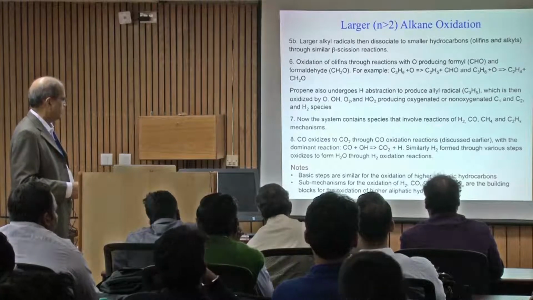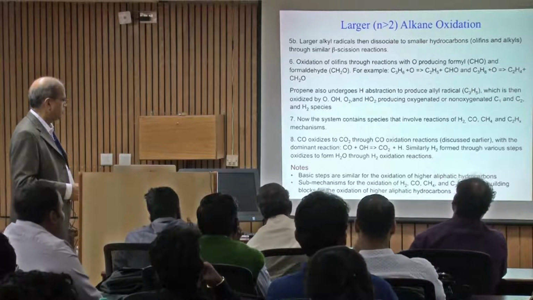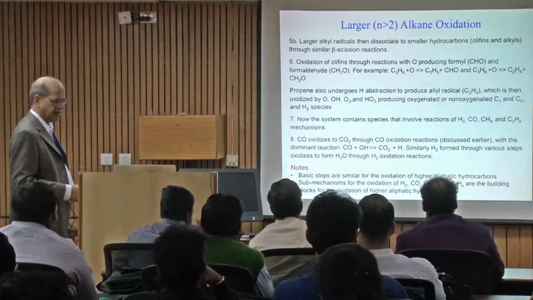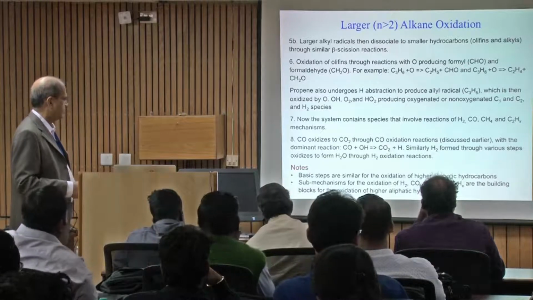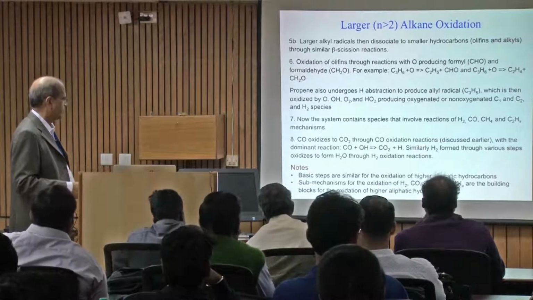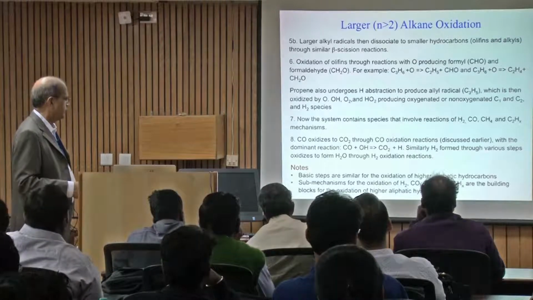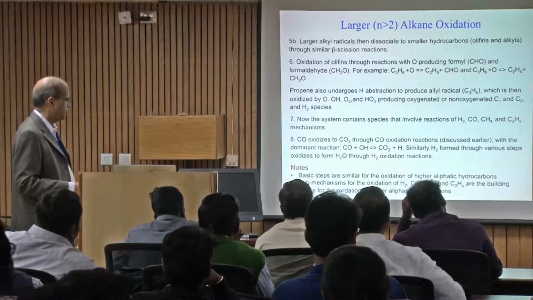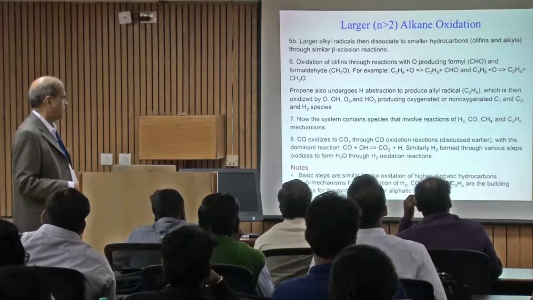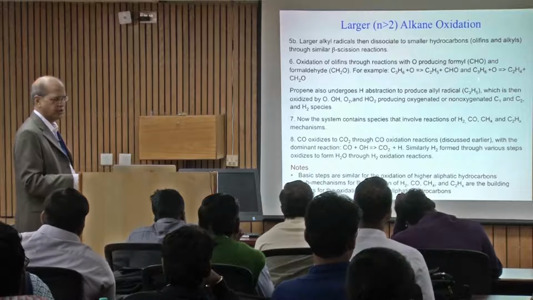Now the CO oxidizes to CO2 through CO oxidation reactions, which we discussed earlier. And this is the dominant step. Similarly, H2 will form H2O through oxidation steps of hydrogen. And H2O is produced in a lot of steps.